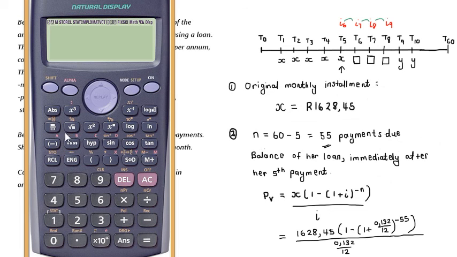Fantastic. So now we have those monthly installments times 1 minus 1 plus the interest rate, this was compounded monthly, to the exponent of negative 55, and it's still divided by the interest.